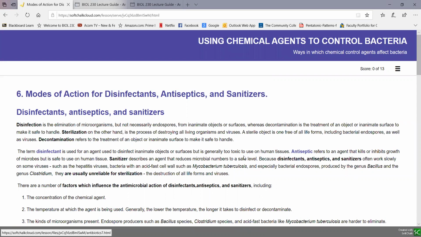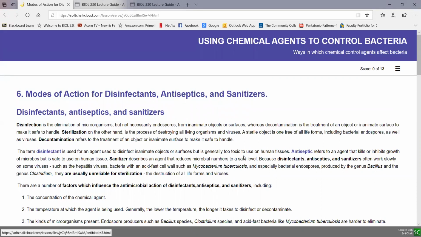Now, this final section on the modes of action for disinfectants, antiseptics, and sanitizers, although you do have some definitions under control of microorganisms that you do have to know, notice that this particular lesson has no definitions on disinfectants and the antiseptics and sanitizers, because we are going to cover that in a lab later in the semester.